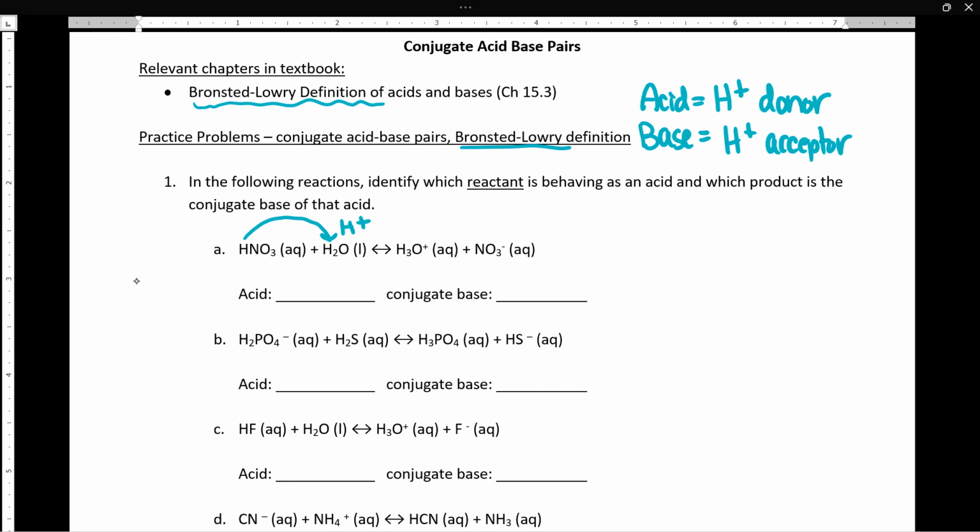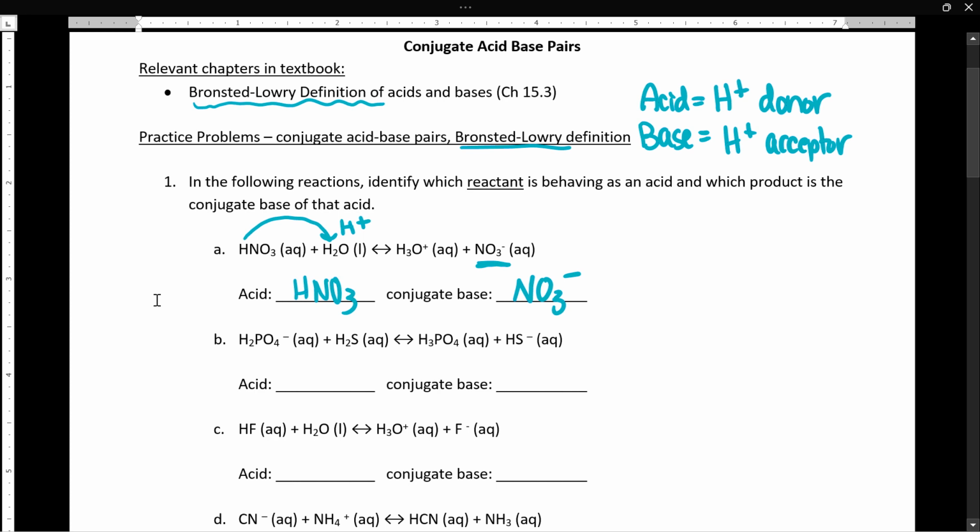Because you see how afterwards the HNO3 has now lost its hydrogen and the water has gained one? So since the HNO3 is giving a hydrogen to water, HNO3 is acting as the acid. So HNO3 is our hydrogen donor. And the substance that is left behind after it donates a hydrogen is known as the conjugate base. So NO3 minus is the conjugate base of our acid HNO3.